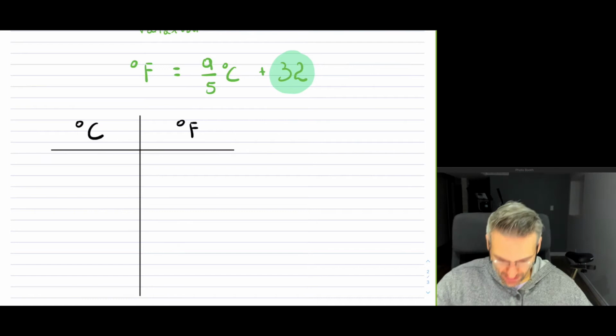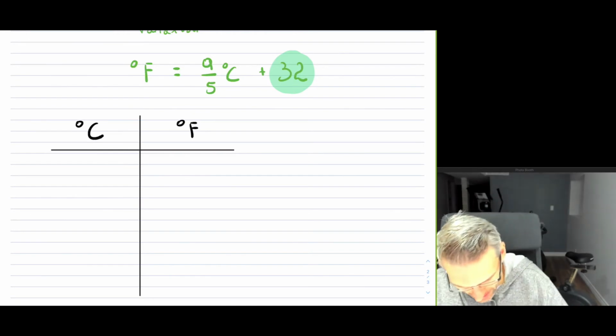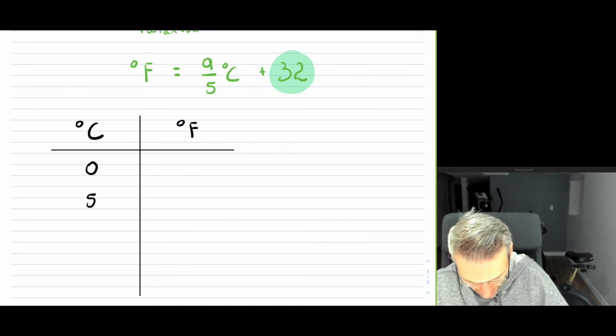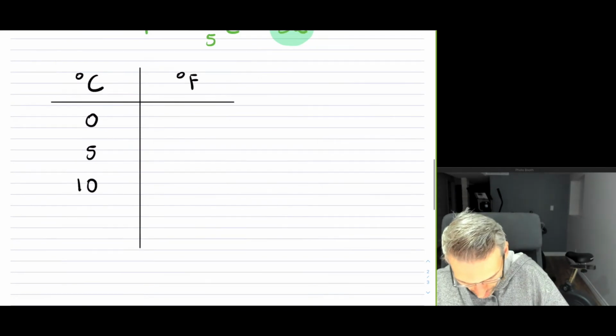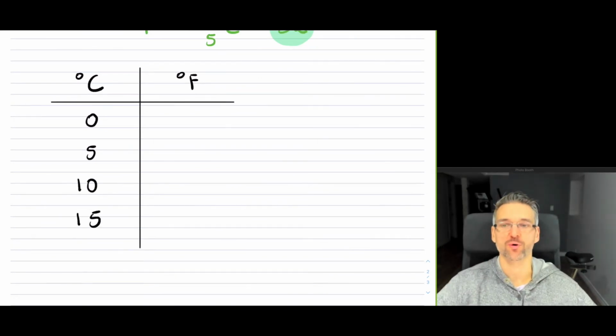Now, as we're walking through this, let's say we started at 0, so this is 0 degrees Celsius. Let's say we then wanted 5 degrees Celsius, so we're going to be moving up by increments of 5, and let's say we wanted those 4 inputs.